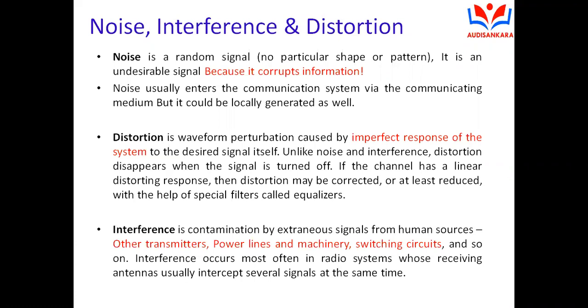The actual response is disturbed, so the measurements of the particular parameters in the wave also change. It is the waveform perturbation caused by the imperfect response of the system to the desired signal.